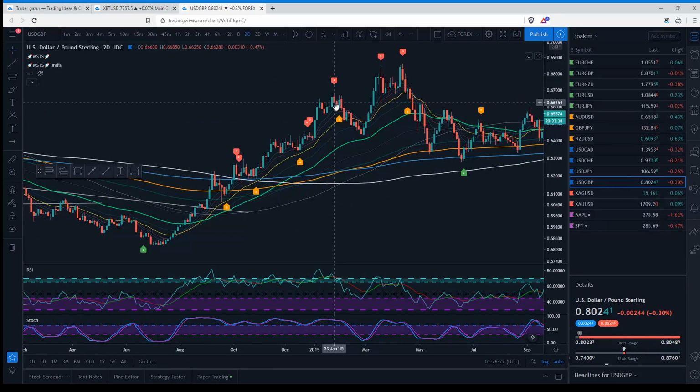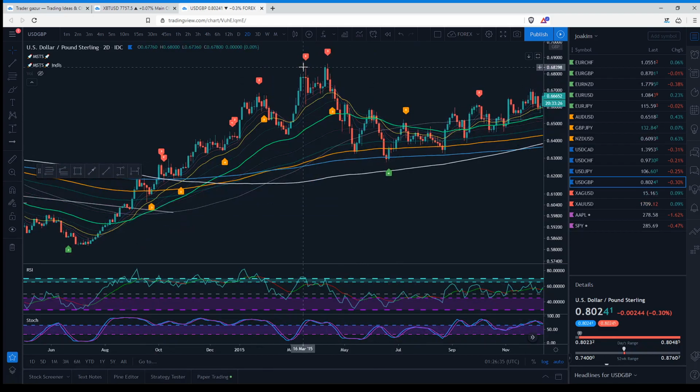So again, we have two indicators saying we're reversing. Is there divergence? Well, kind of. There's not divergence, but this is kind of sick. From this point to this point there is divergence. Could you even have sold here?